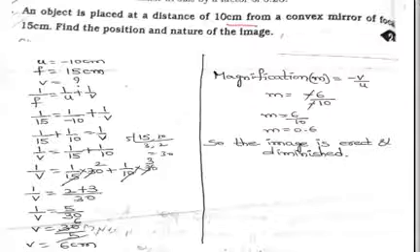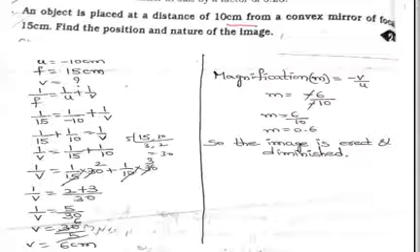In the figure, the incident ray is going from right to left, but we are measuring the object distance from left to right. So we are measuring opposite to the incident ray. That's why we take object distance u equal to minus 10 centimeter. Next, focal length f equal to 15 centimeter.